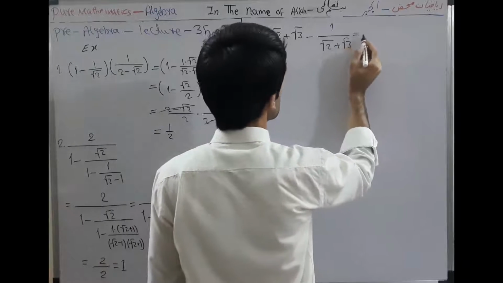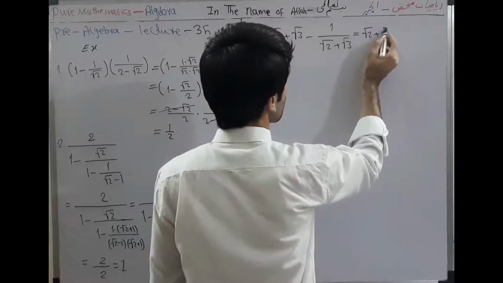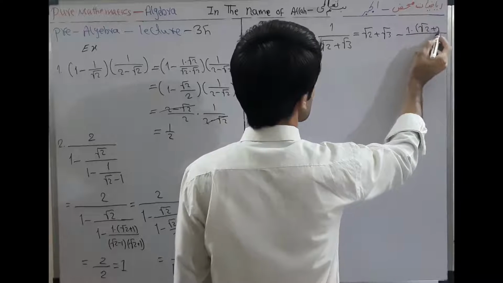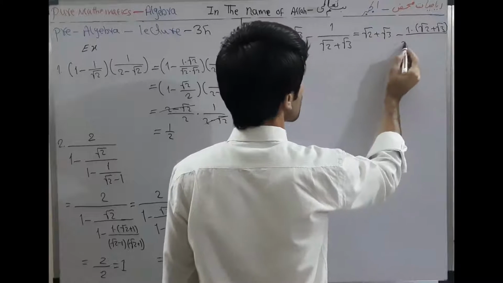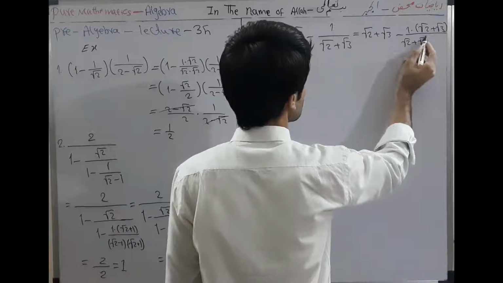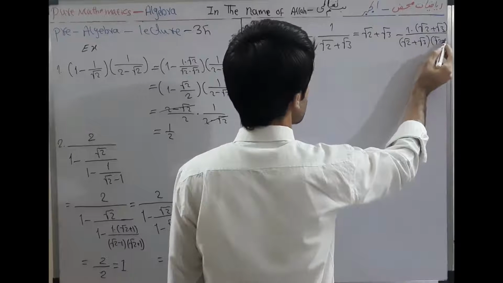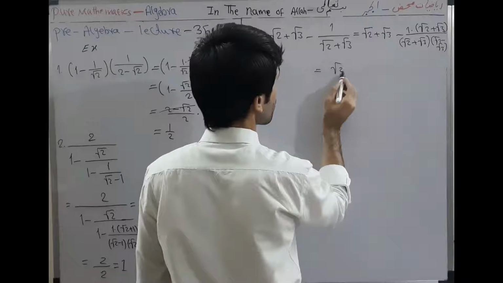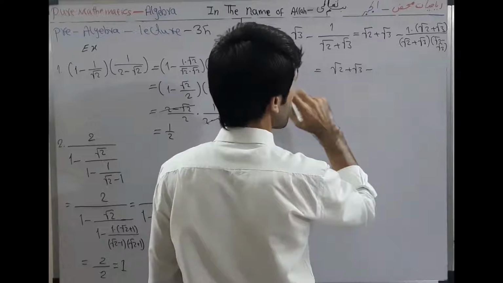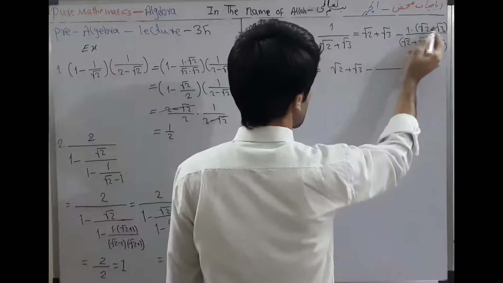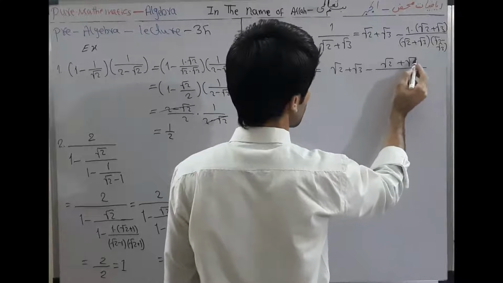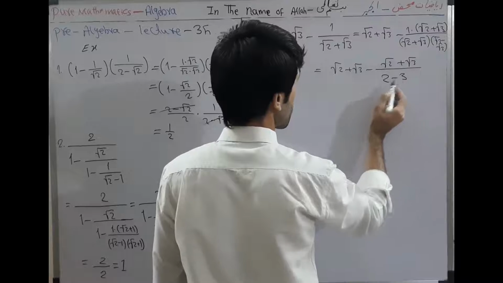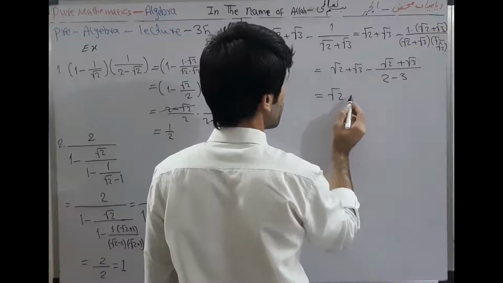It is equal to square root of 2 plus square root of 3 minus 1 into square root of 2 plus square root of 3 over square root of 2 plus square root of 3 into square root of 2 minus square root of 3. It is equal to square root of 2 plus square root of 3 minus 1 multiplied by square root of 2 plus square root of 3. Here we get 2 minus 3. It is equal to square root of 2.